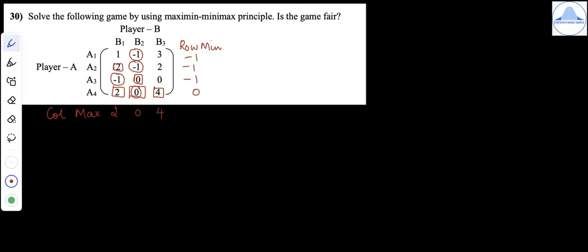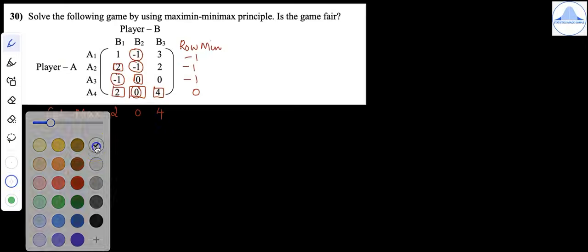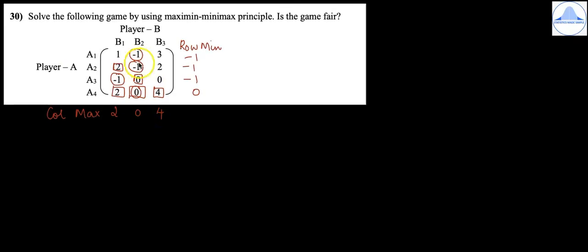So usually where we have the circle and the box, that is where the saddle point is and that would be the value of the game. But there are certain steps which we are supposed to write. So you start with maximin.